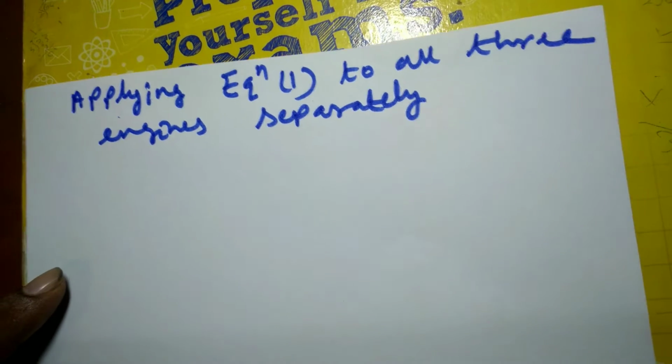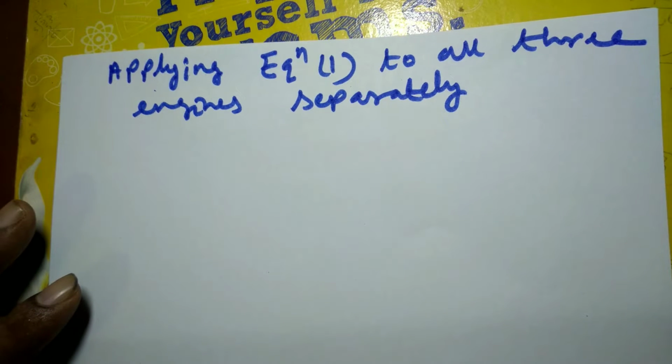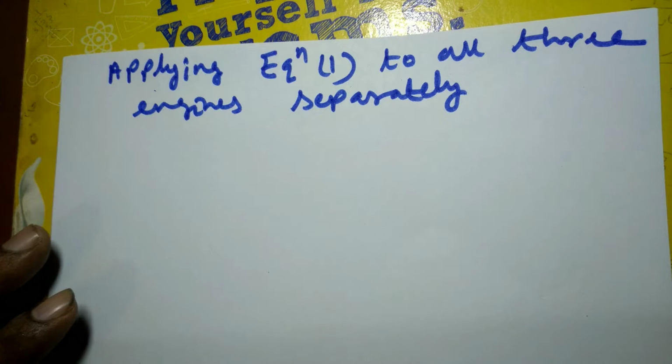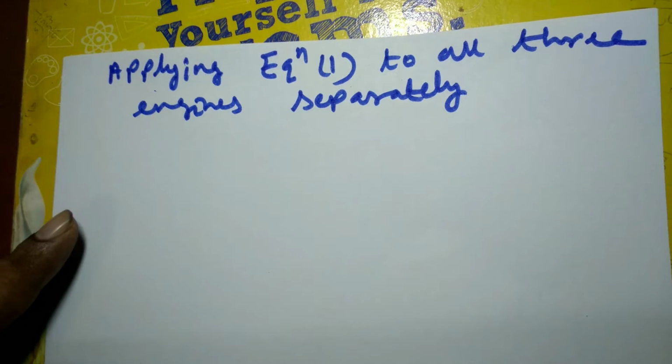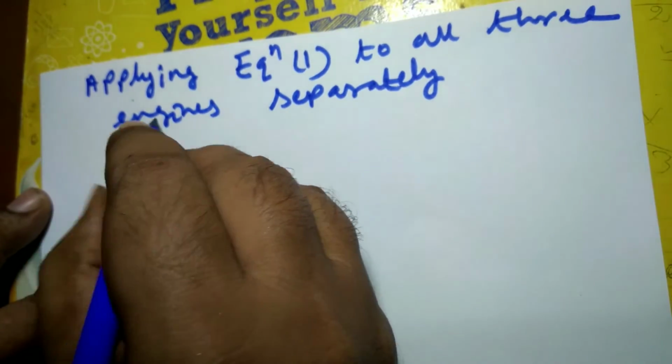Equation 1 is QH by QL is equal to F of TH and TL. So the ratio of the heat supplied from the high temperature source to the heat rejected to the low temperature sink is only a function of those two temperatures. We have already got it in the form of equation 1.